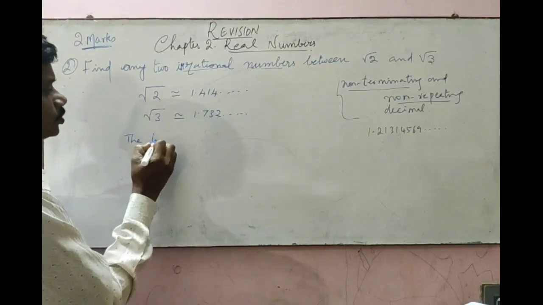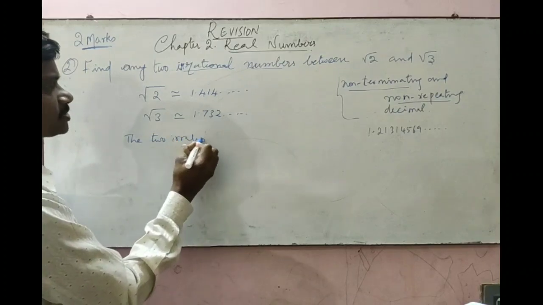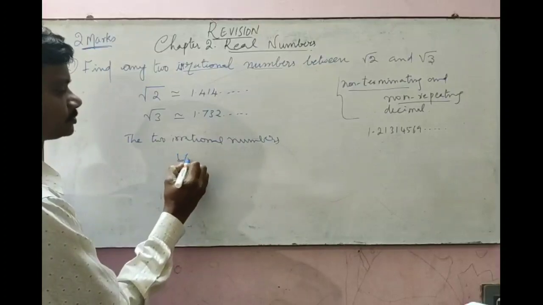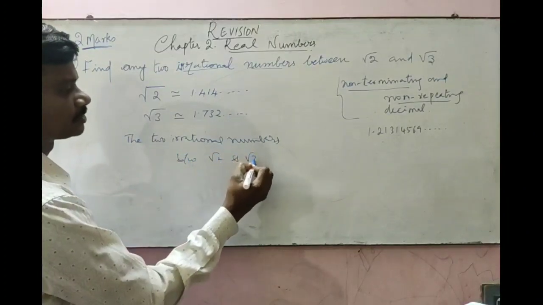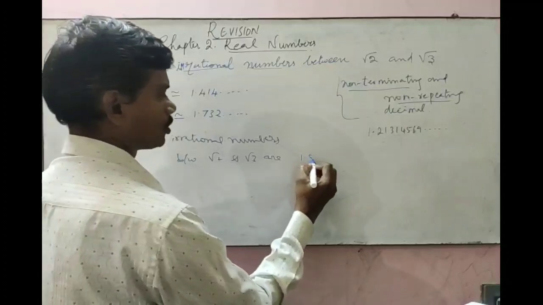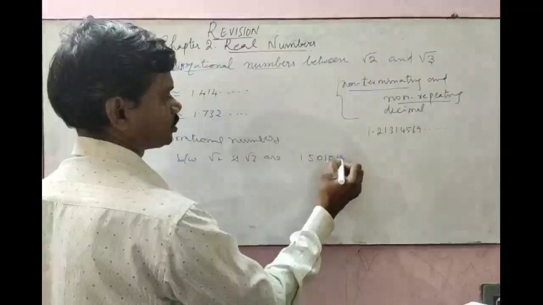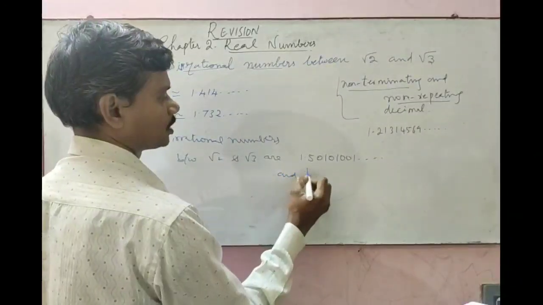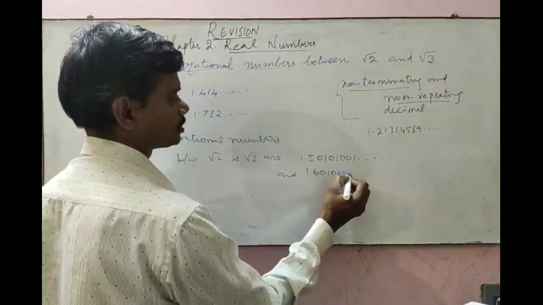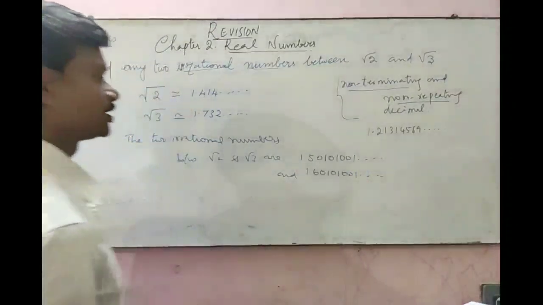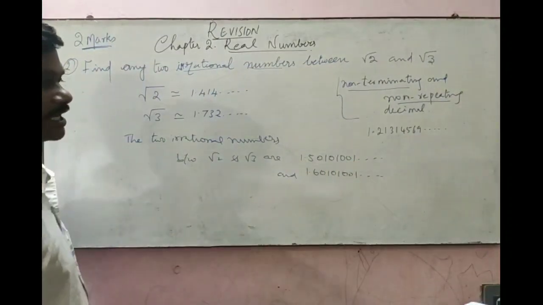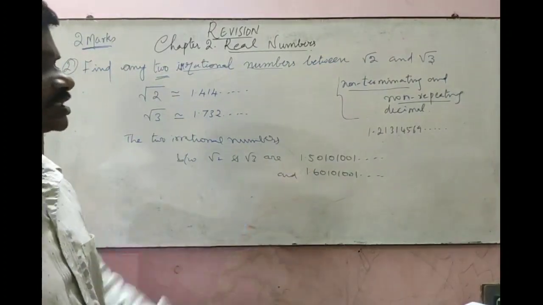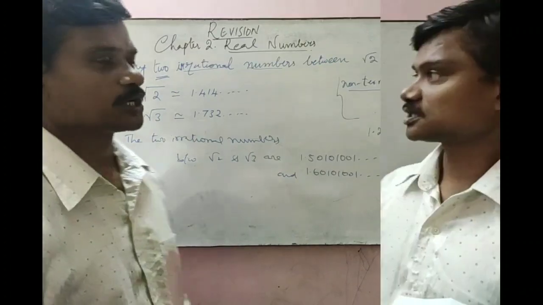So the 2 irrational numbers between root 2 and root 3 are 1.501001 like that, and 1.60101001 like that you can write. You can write as many numbers as you can, but they ask you to write only 2 numbers. So these are the 2 irrational numbers between root 2 and root 3.